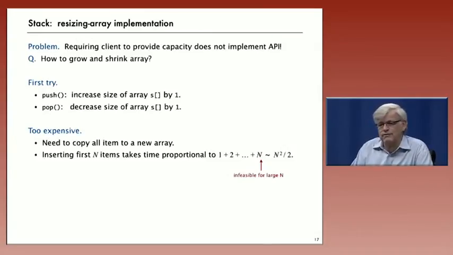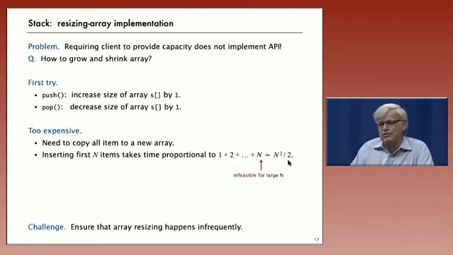So inserting the first n items would take time proportional to, if the stack is of size n minus 1, n minus 2, n minus 1. So the first n items would take the sum of the first n integers, which we know is about n squared over 2. Quadratic time to insert n items into a stack, that kind of performance is unacceptable for large problems, as we will see many times.